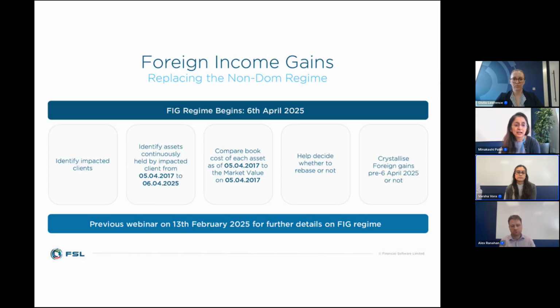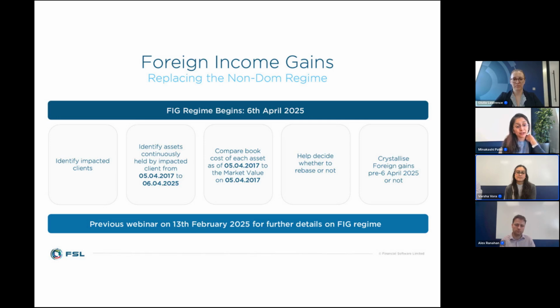And finally, just wanted to bring to the forefront again the foreign income gains. That is replacing the non-dom regime. And for those that have taken our latest release, 71380, you will now have access to the new FIG report, which allows for all the other action points that have been identified above to take place.